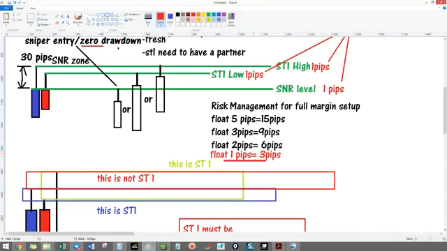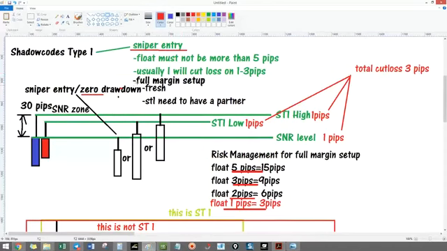Are you the 1 pip person, or 2 pips, or 3 pips, or 5 pips? Okay, that depends on the level you are able to float. If I am in a full margin setup, I will only use 1 pip. If I do half a margin, I can go 5 pips to 10 pips. It's okay.